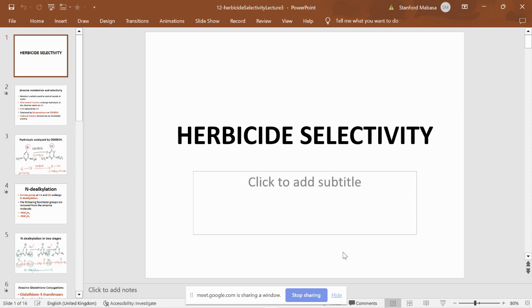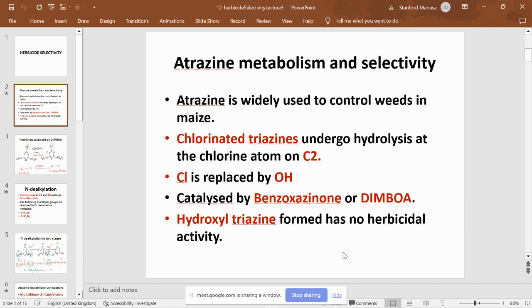Okay, now we can talk about the herbicide selectivity specifically for atrazine. So we want to talk a bit about atrazine metabolism and its selectivity.